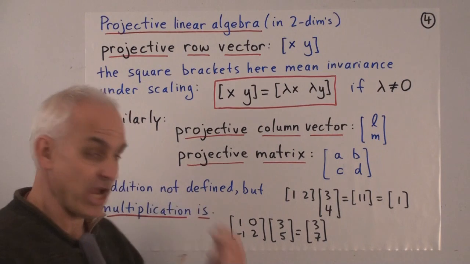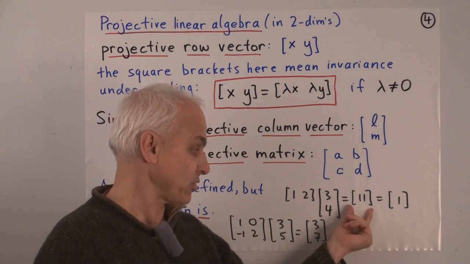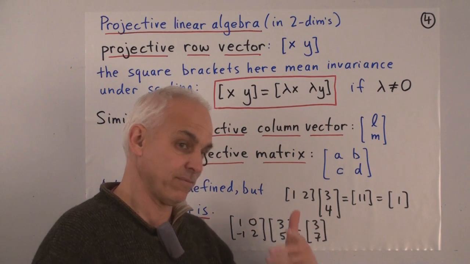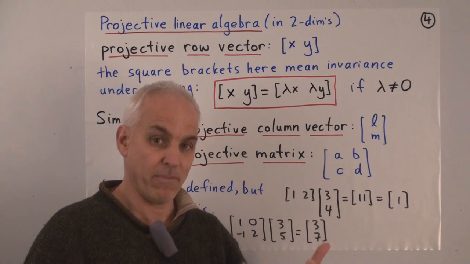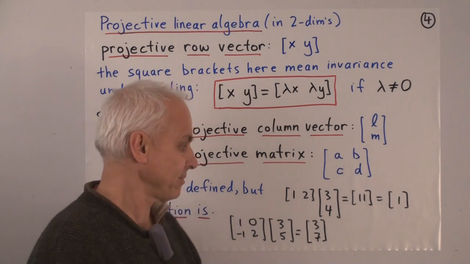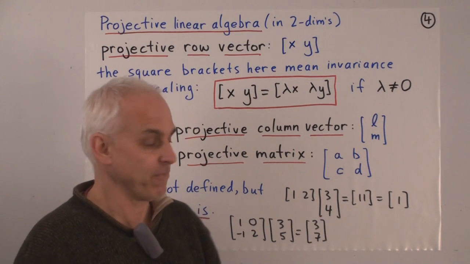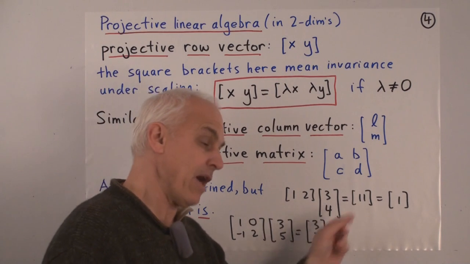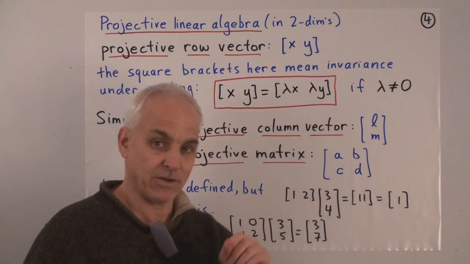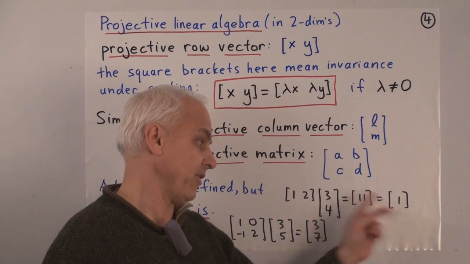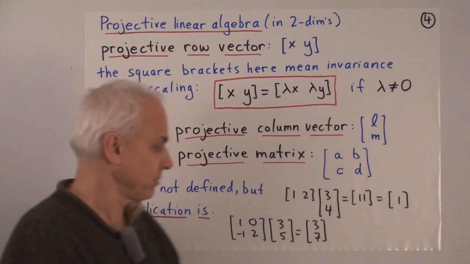But here in this projective setting, we're going to put square brackets around that, and we're going to think of that as being a projective vector with one component, a 1 by 1 projective matrix, which means you're allowed to multiply it by any non-zero scalar. In particular, you could divide by 11, so this is the same as 1.